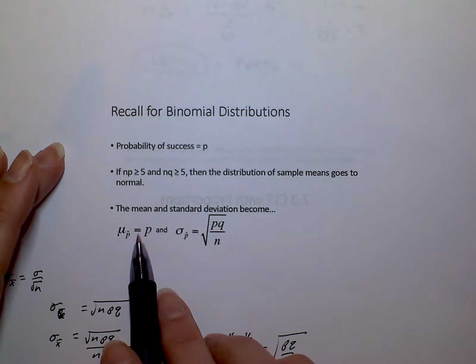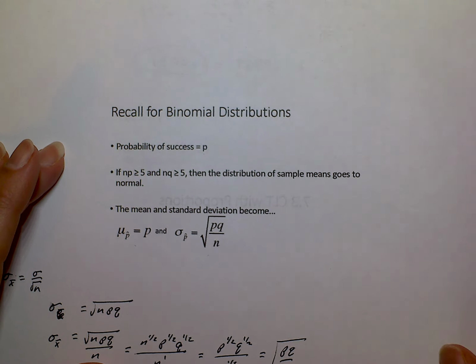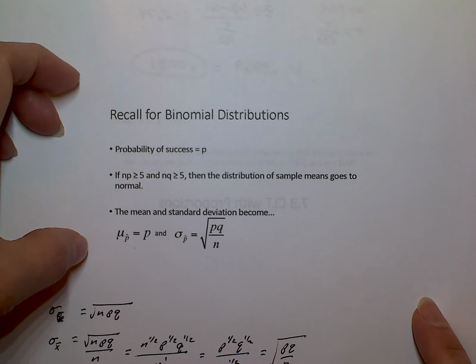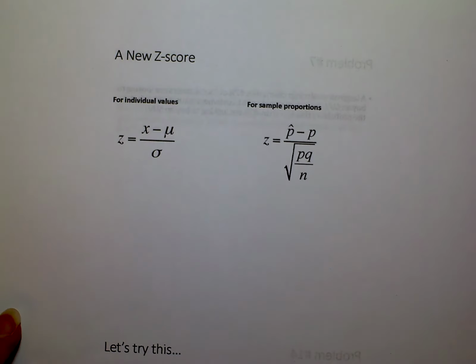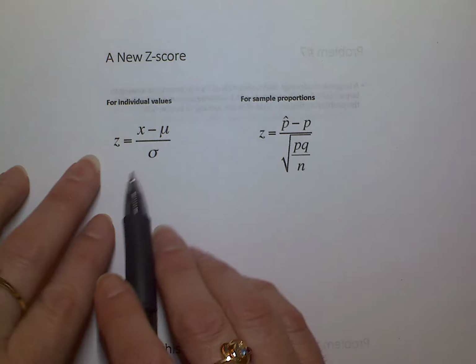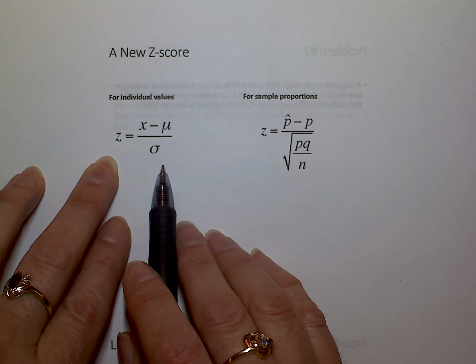So our new mean and standard deviation for when we are finding the probability of a binomial distribution with a proportion, not a mean. Let me show you our new z-score. Normally for individual values, we just find x minus mu over sigma.